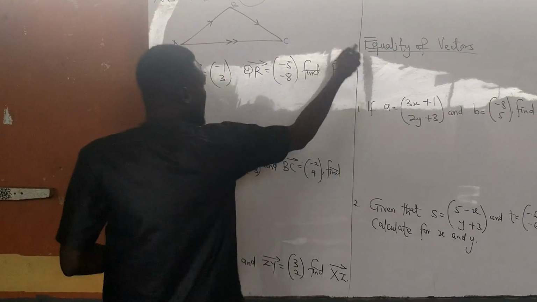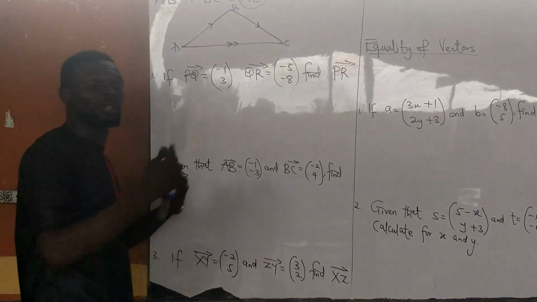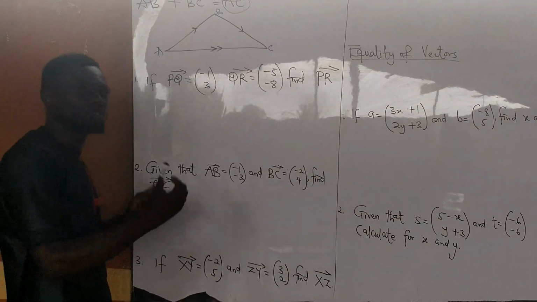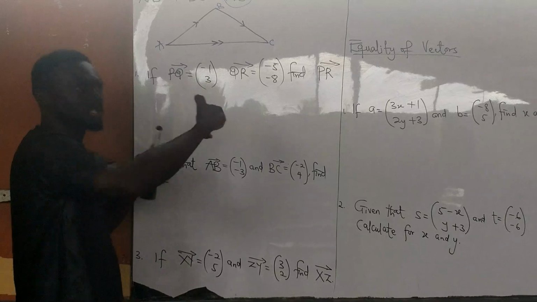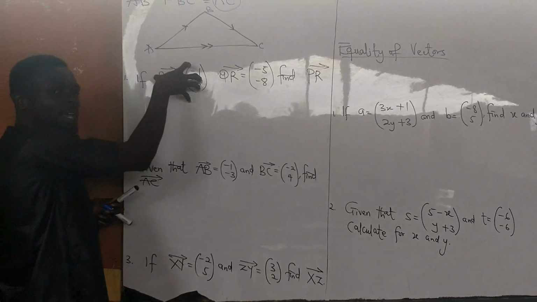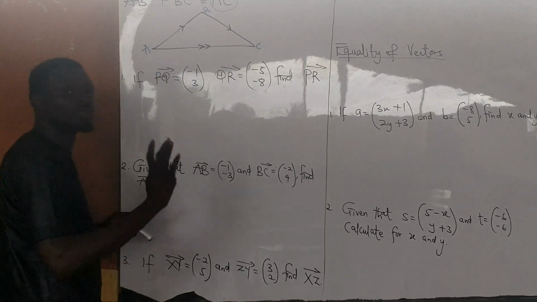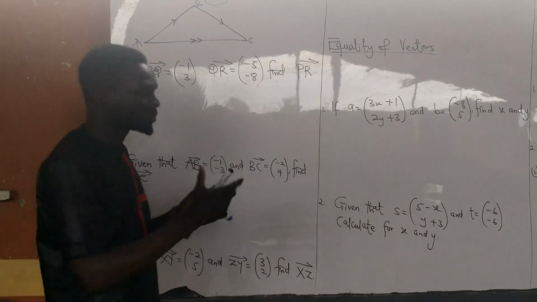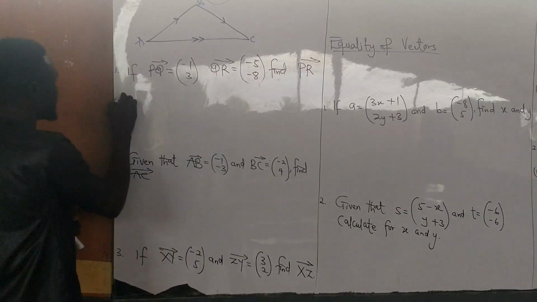So it means this vector PR becomes the resultant vector. So how can I therefore know the statement for the resultant vector? Now the first given vector here is vector PQ. So always we concentrate on the first given vector. So this first given vector is PQ.